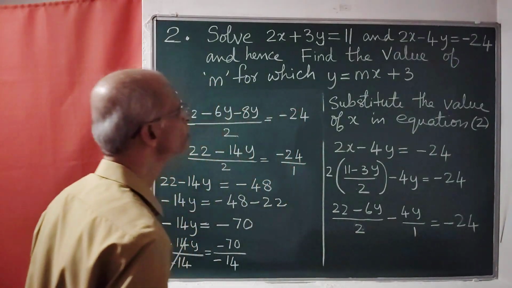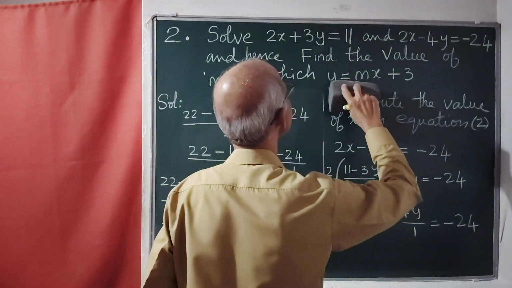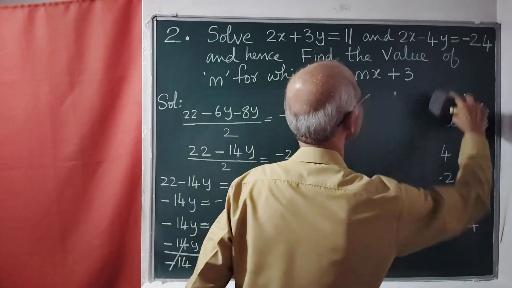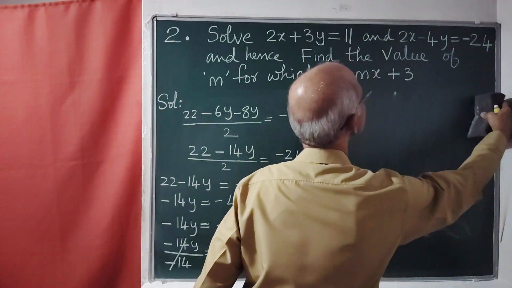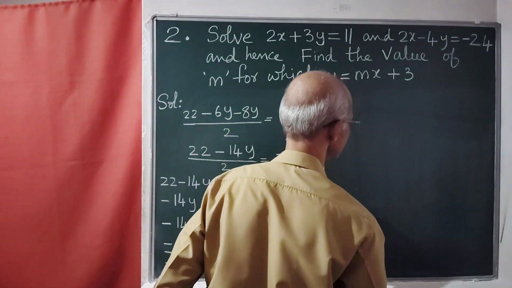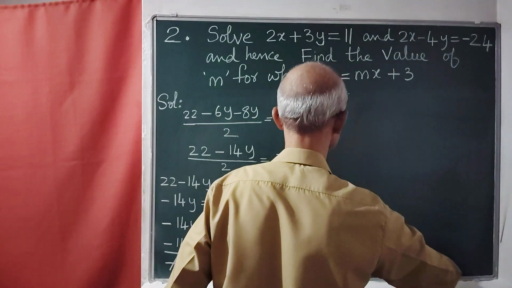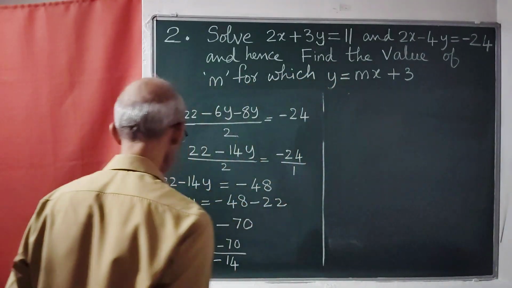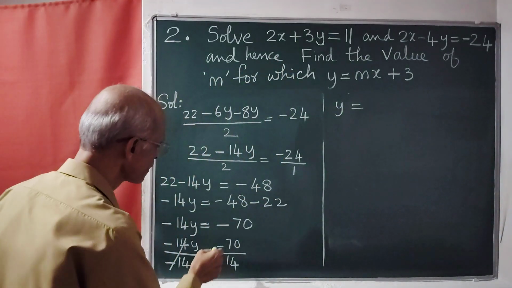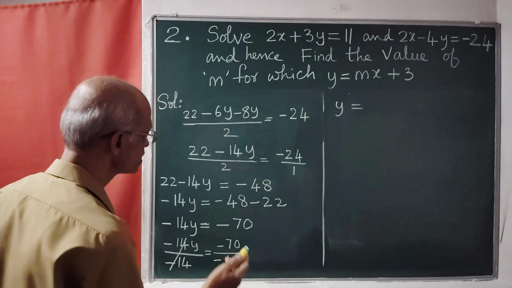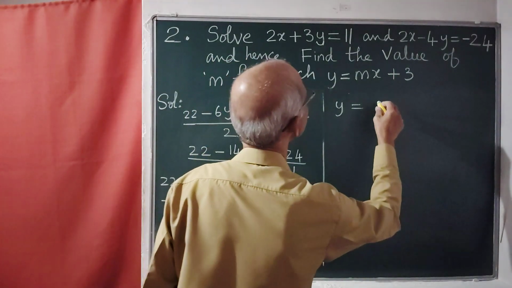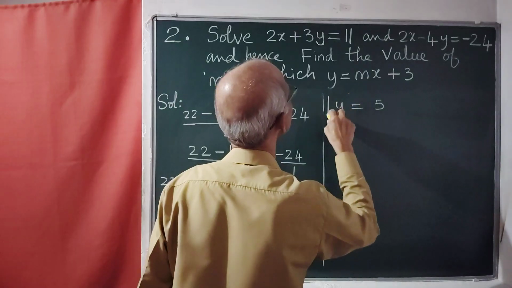So y will be equal to, the minus will get cancelled here, 70 by 14, we get 5. So the value of y is 5.